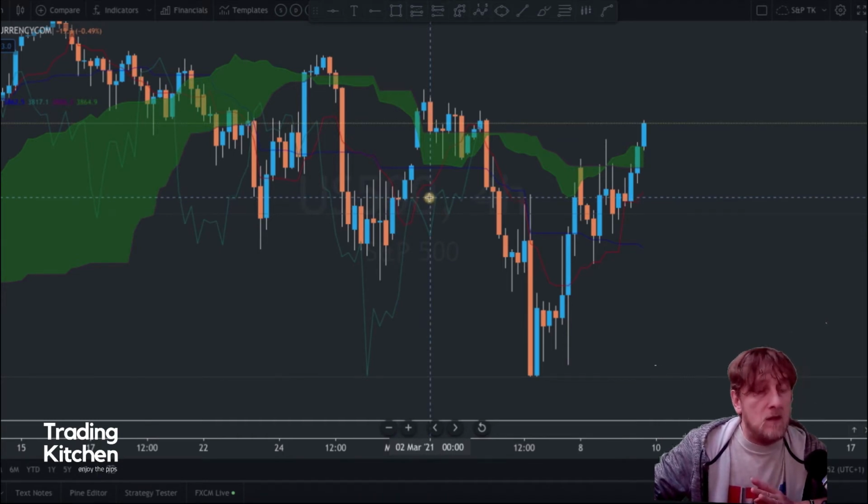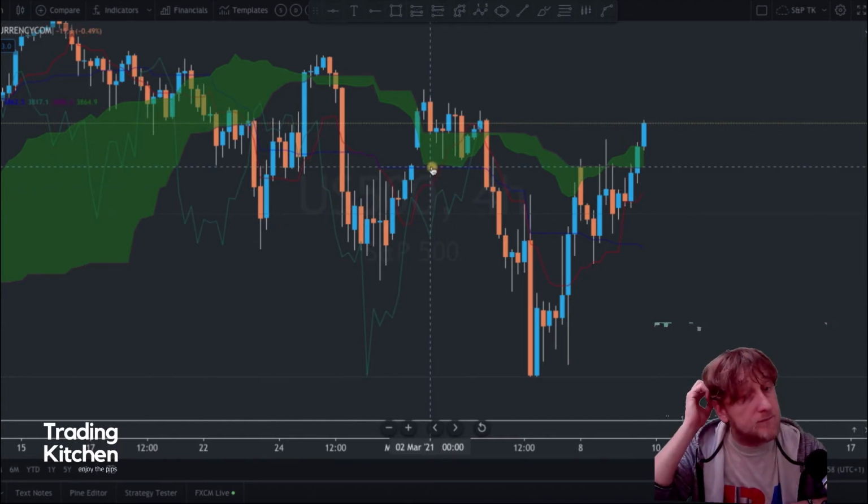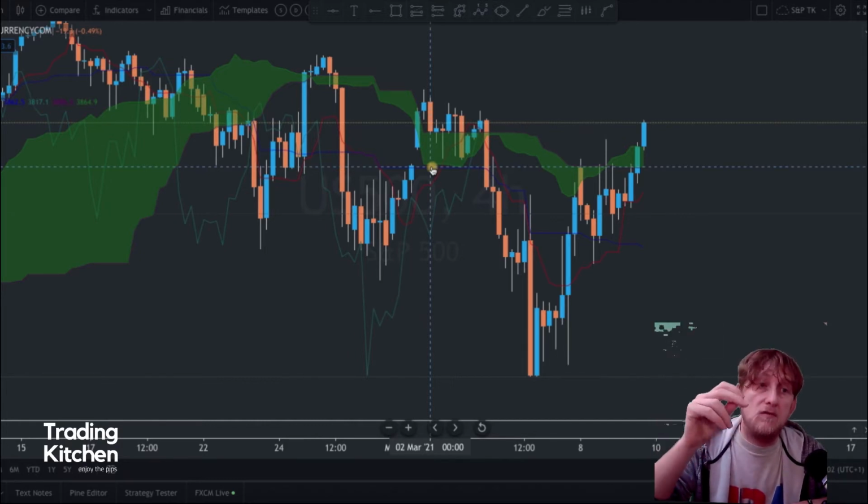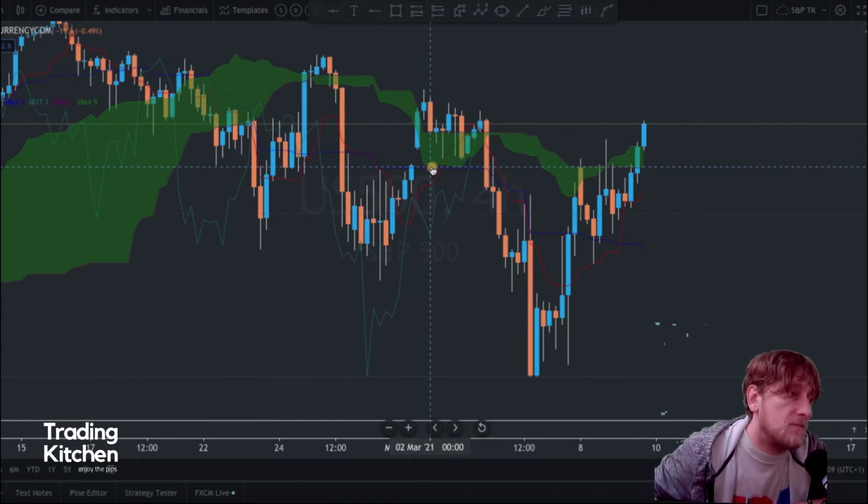I know that a lot of traders use the baseline just as a stop loss, so they put the stop loss a few pips above or below the baseline.